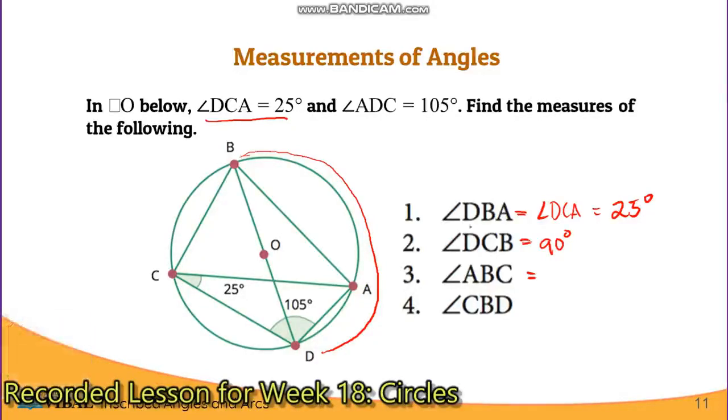We have angle ABC. 6 minutes. Okay. We have angle ABC. This one. Now, what is the measure of this angle right here? Take note, it falls on the quadrilateral. Correct?